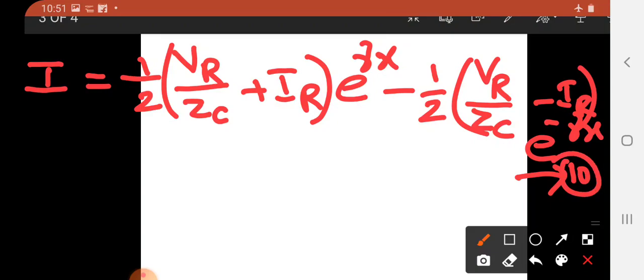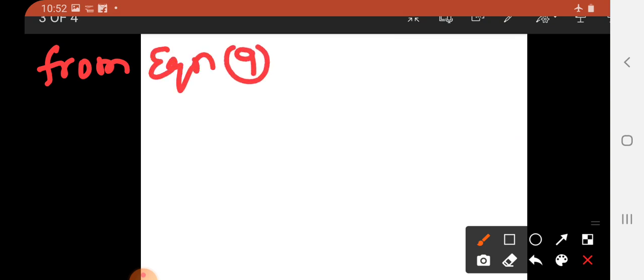Okay, now first let me take equation 9. Take equation 9 and separate the terms of VR and IR. From equation 9, V is equal to, first I take VR common.